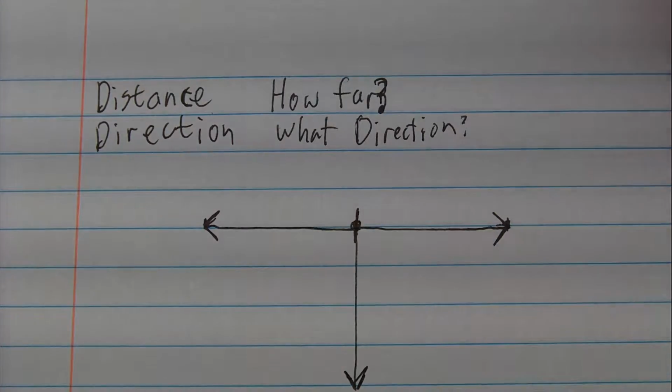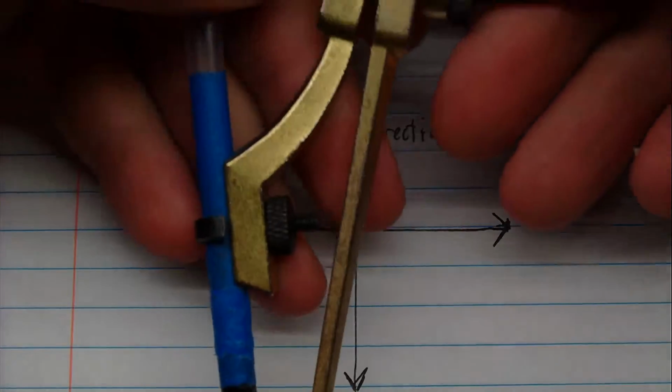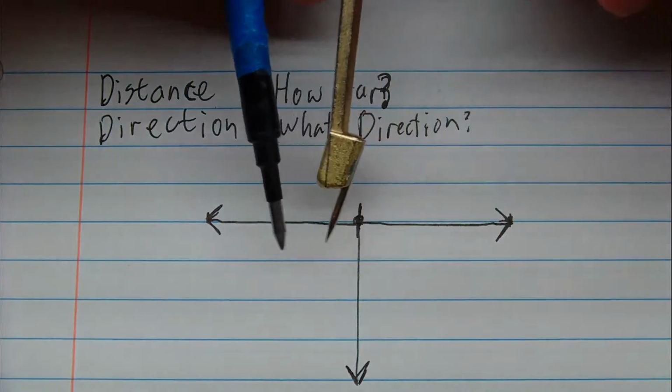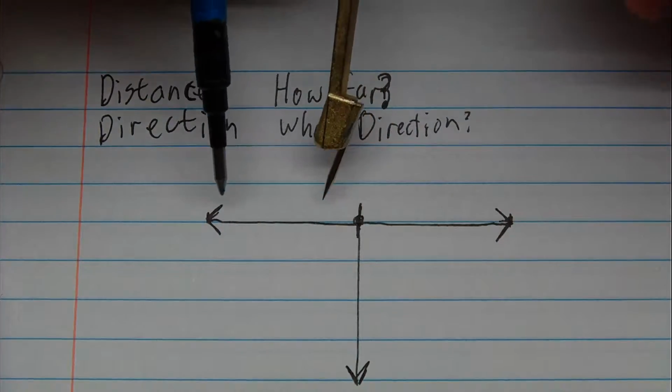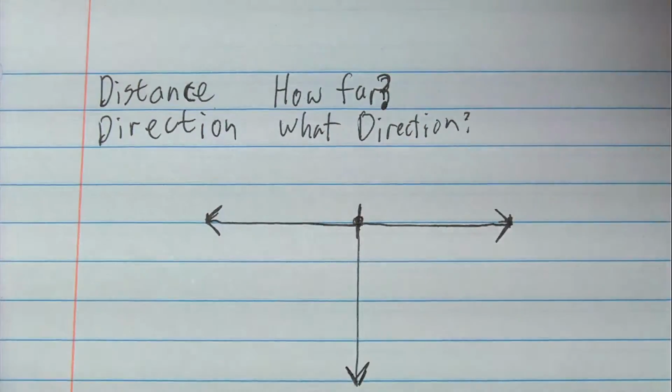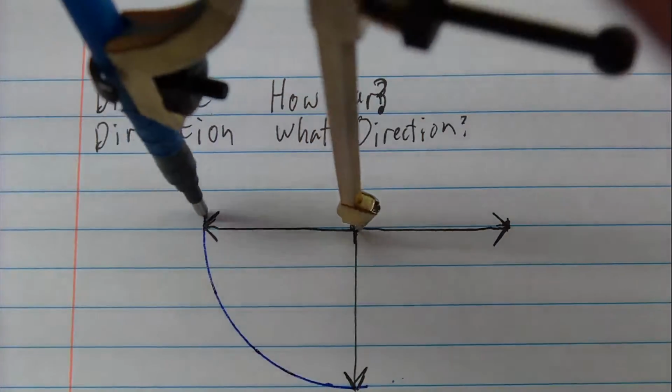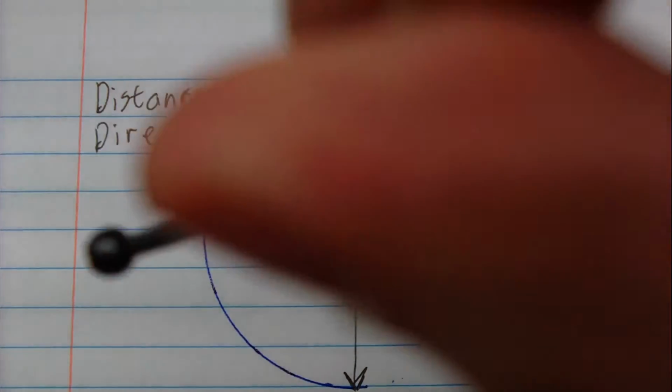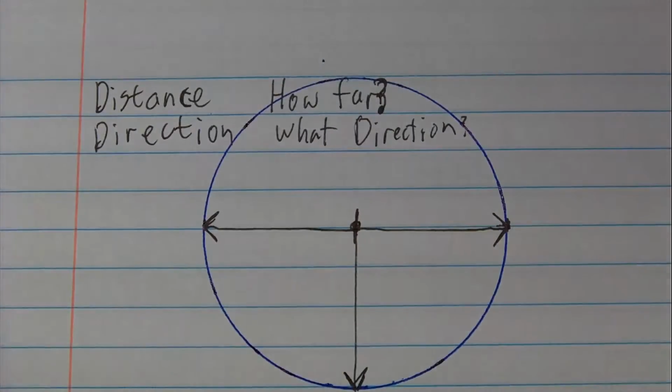It's still 4. So if I grab myself a compass, like so, and then I spread it out so I can measure a 4, then I can tell that if I travel 4 spaces, I can get anywhere in that circle.